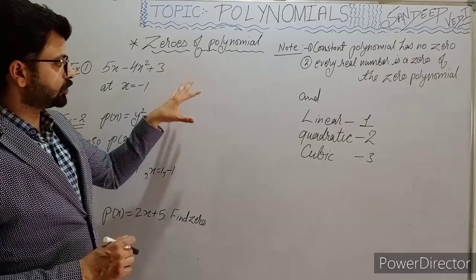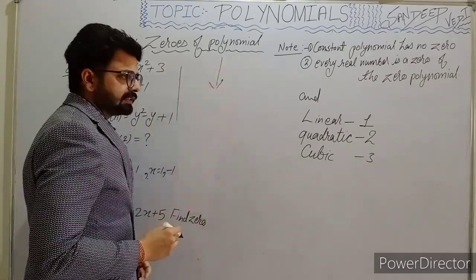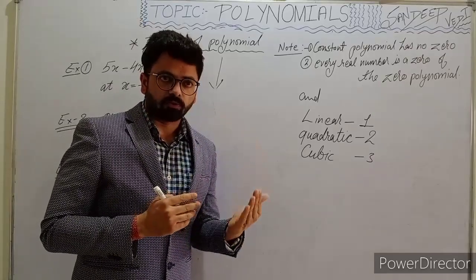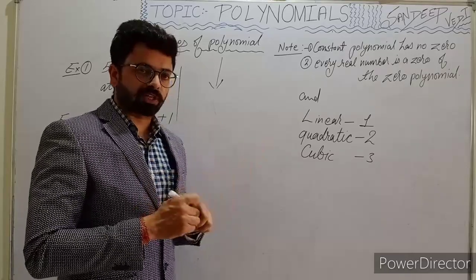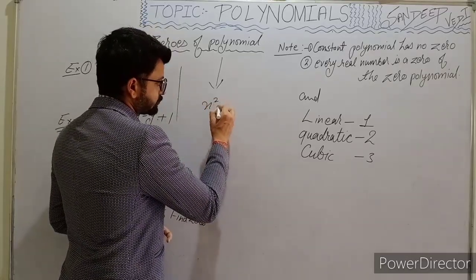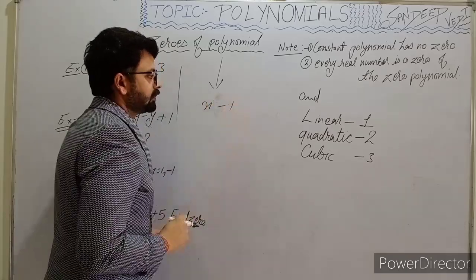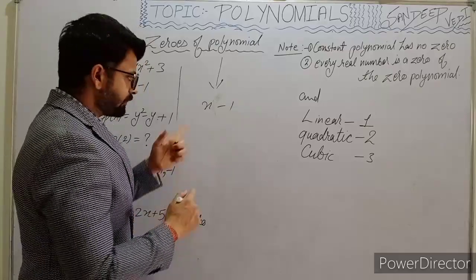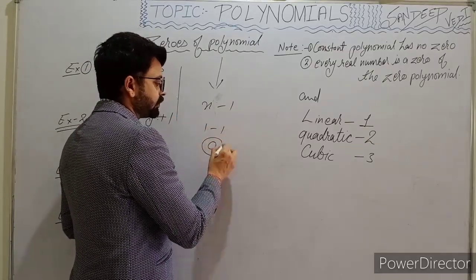So I am telling you what exactly is the meaning of zeros of the polynomial. Zeros means the value, the number, at which the polynomial becomes zero. Like I am writing here x minus 1. What should I place here to make this whole thing zero? If I place 1 here, 1 minus 1 will give 0.